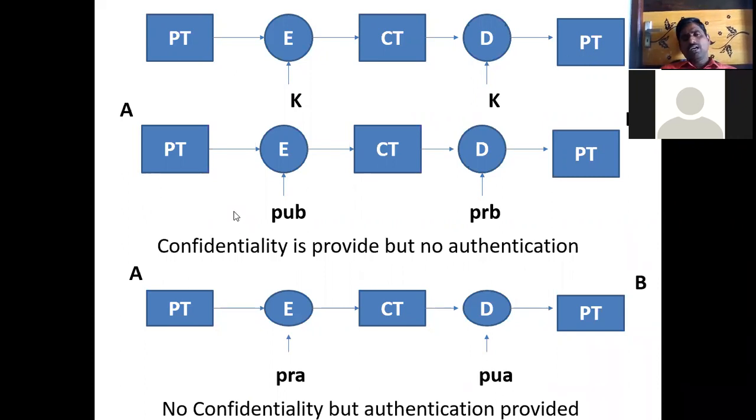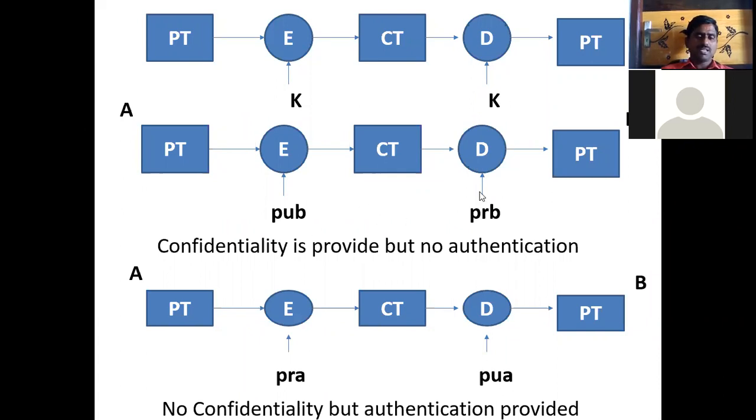In an asymmetric approach, there are two techniques. Here you use the pair of keys. One is public and another one is private. So you have to use a pair, both of the same type. Maybe they are of A side or of the B side.